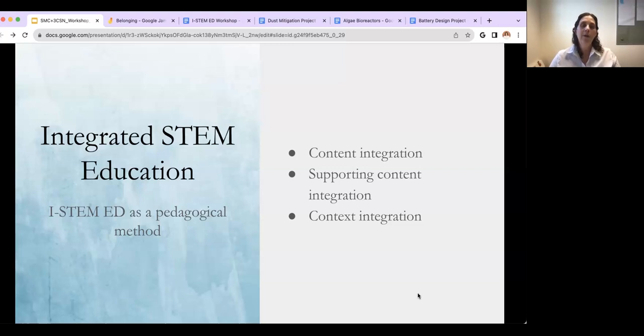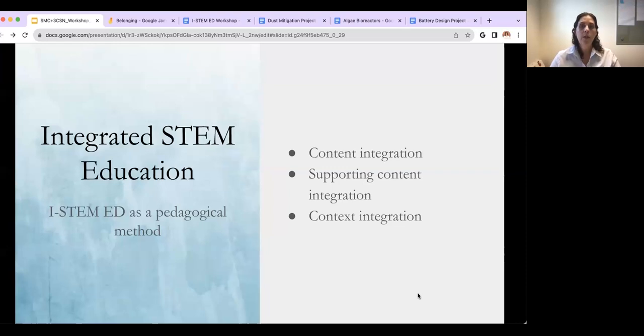So thinking about all of the letters in STEM, integrating them is using one area or one discipline in support of the others. We can do this through content integration, first of all, meaning that if I'm teaching a science class, for instance, maybe I'm teaching chemistry, then certainly I can use technology, engineering, and mathematics, and even other disciplines within STEM, within the science part, to support my students' learning.